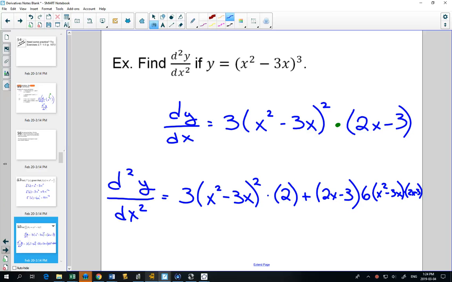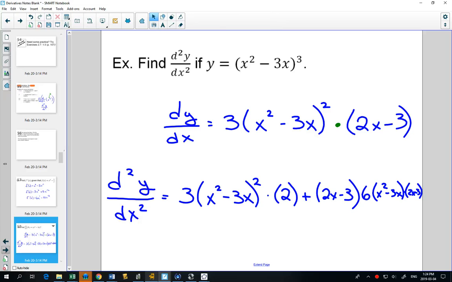So sometimes in situations like this, somebody might say, maybe I would like to simplify first and then do the derivative. Okay?